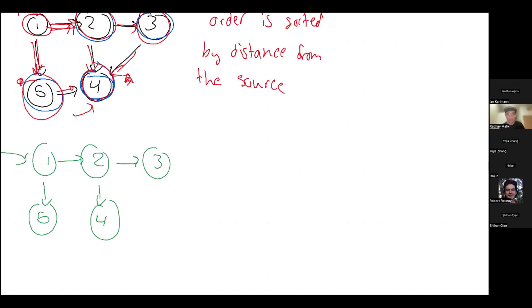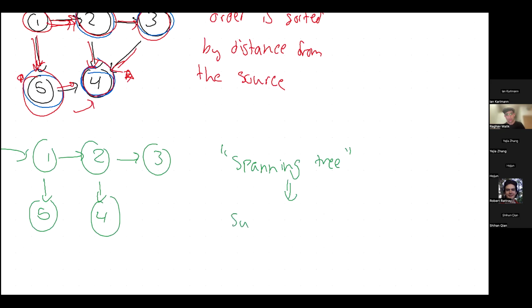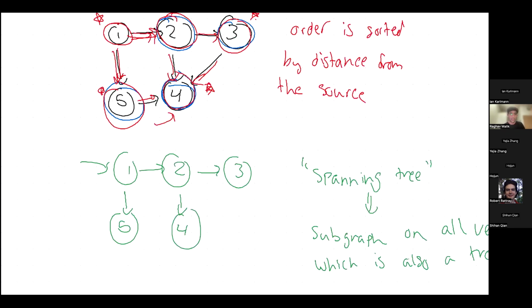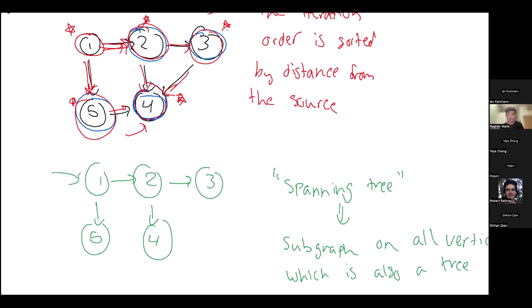The word for this is spanning tree. This is a subgraph on all vertices which is also a tree, right? So there's many possible spanning trees. I could have started at 5, in which case this edge, or I could have done 5 before 2, in which case this edge would look like that.